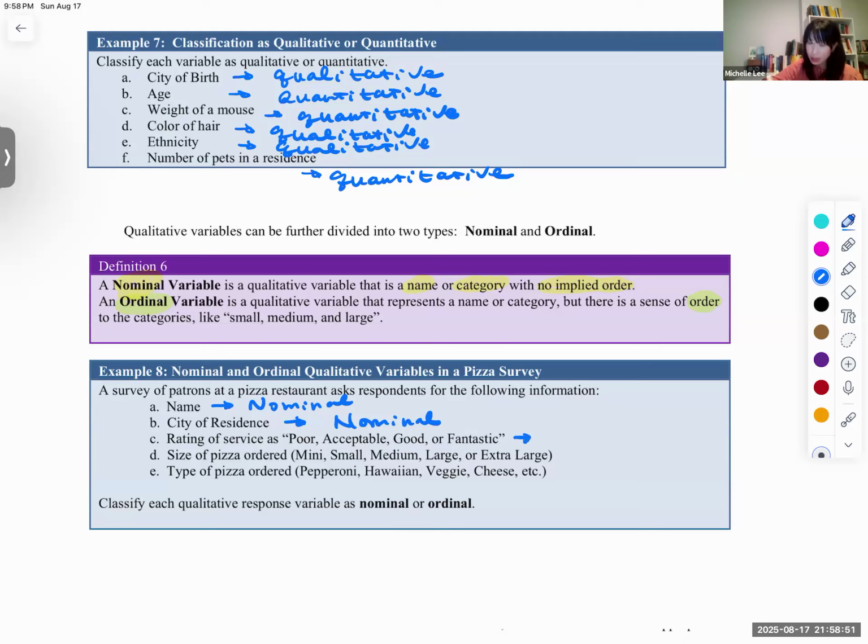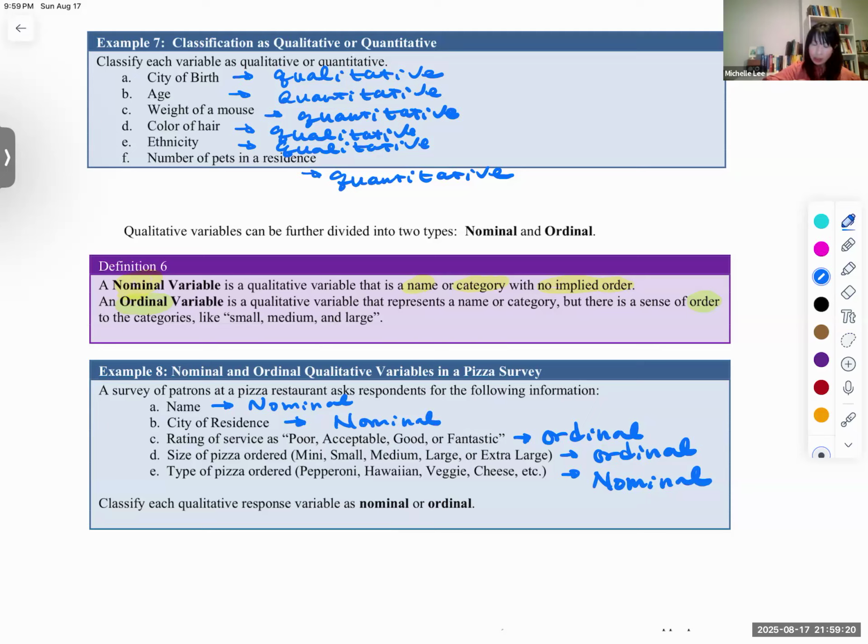So ordinal. And size of pizza ordered is ordinal, right? And type of pizza ordered, pepperoni, Hawaiian, veggie, cheese, that is nominal, right? Category, right? Make sense?